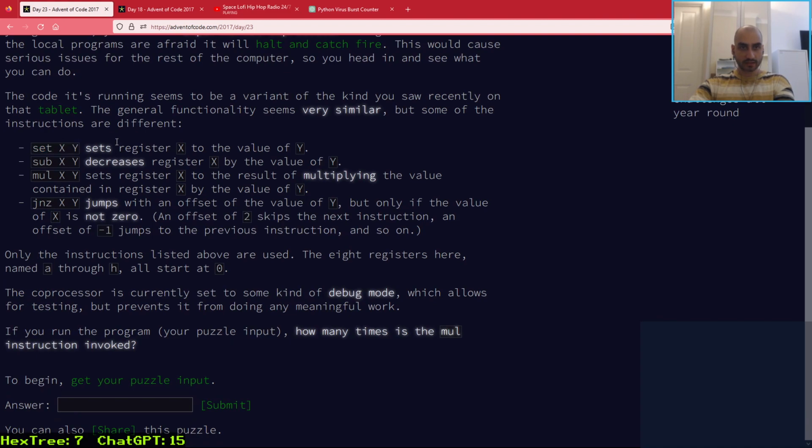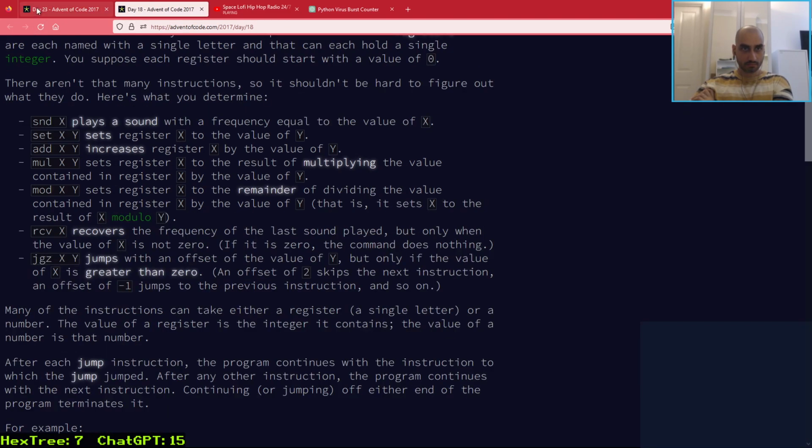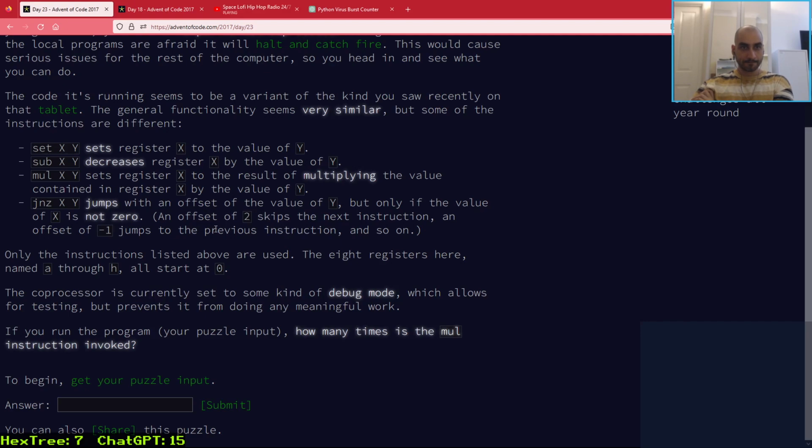Set X Y: set register X to the value of Y. Sub X Y: decreases register X by the value of Y. Mul X Y: multiply. J N Z: jumps with an offset of value of Y, but only if X is not 0. Okay. That's the same as before, pretty much.